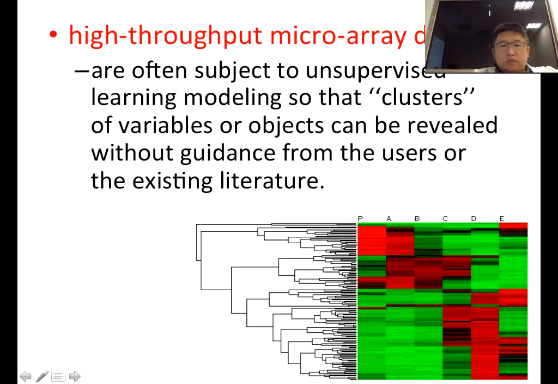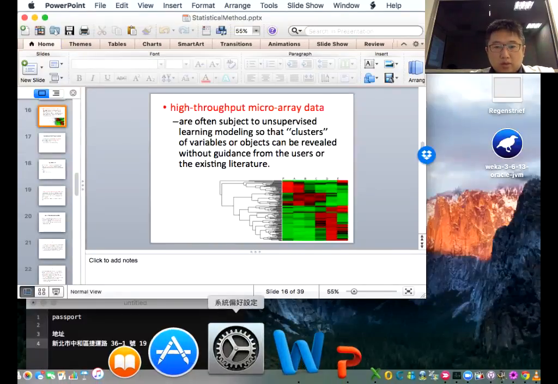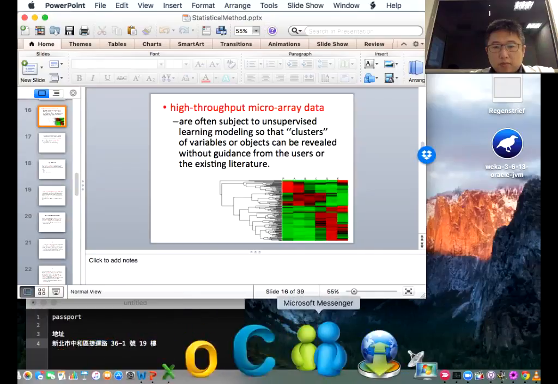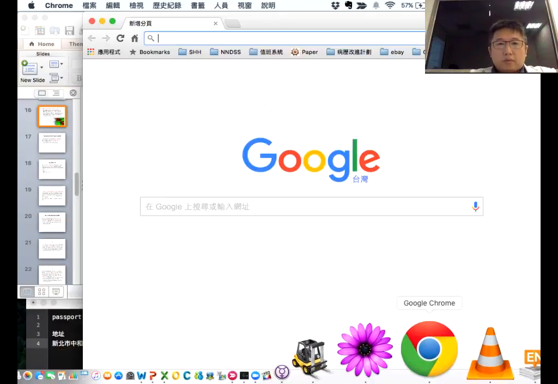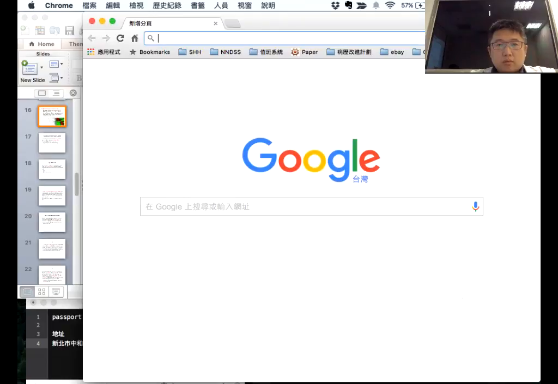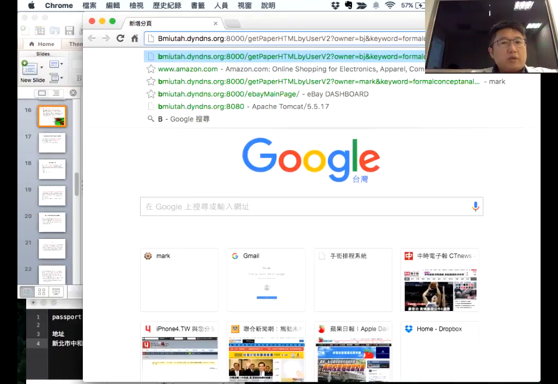I think I can find the paper. So basically, they collected the genetic data from the patient. Then they did the clustering by their genetic expression.